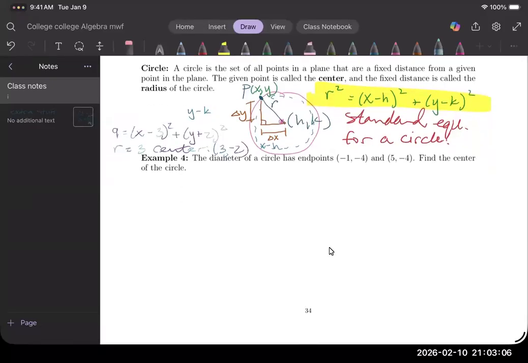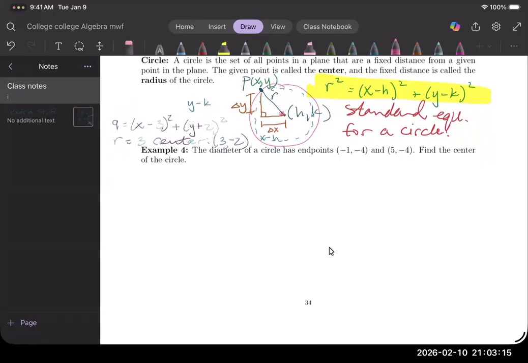Example 4: the diameter of a circle has endpoints negative 1, negative 4 and 5, negative 4. Find the center of the circle. If we draw a picture, pretend that's a circle, not an egg, here's the center, that's what we're looking for.